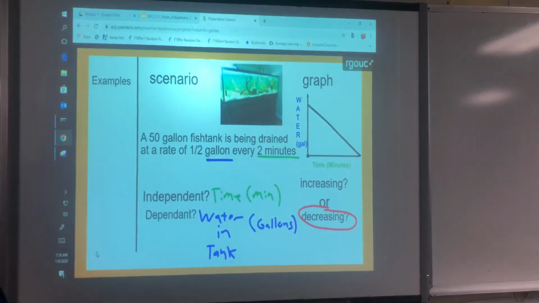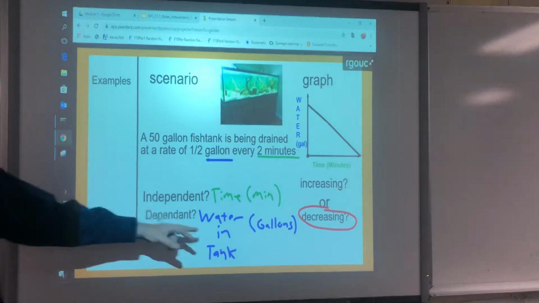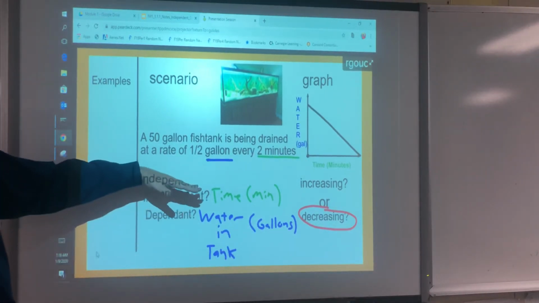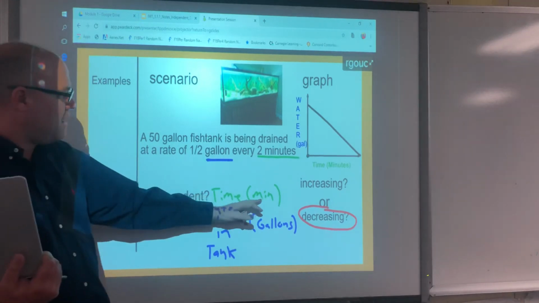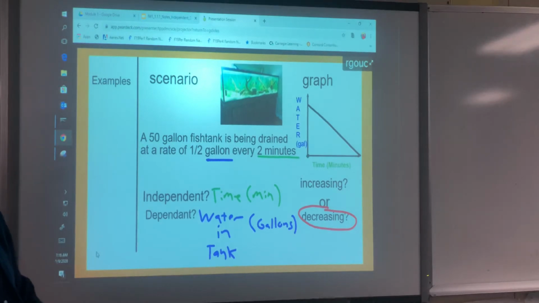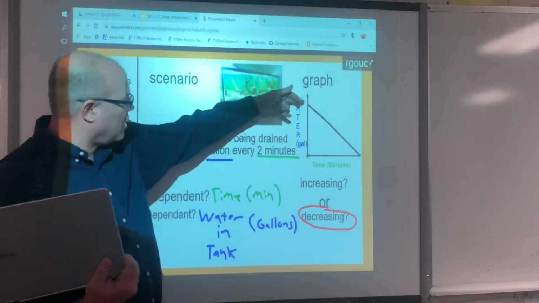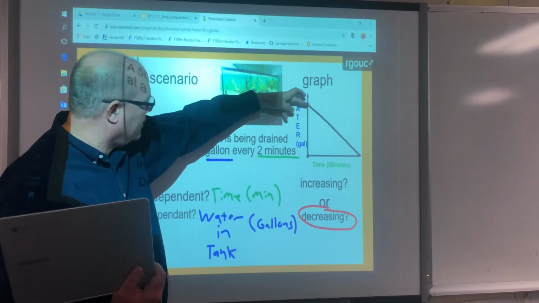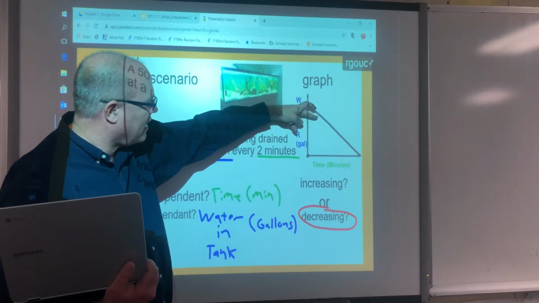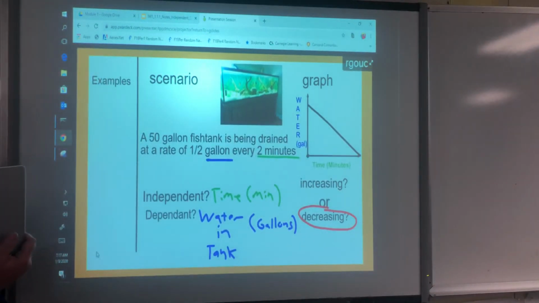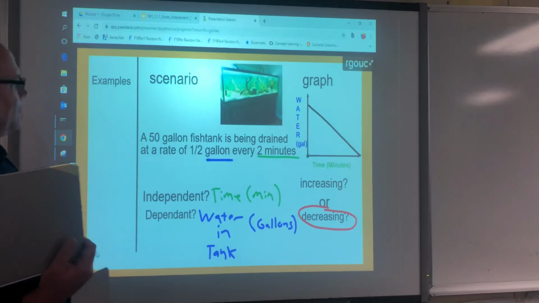All right, so our two quantities are going to be water in the tank, measured in gallons, and that's going to be dependent on the time, which is going to be time in minutes, right? And so what's going on here is you start off with 50 gallons in the tank, and it's going to go down 1/2 gallon every 2 minutes. So it is decreasing in this example.